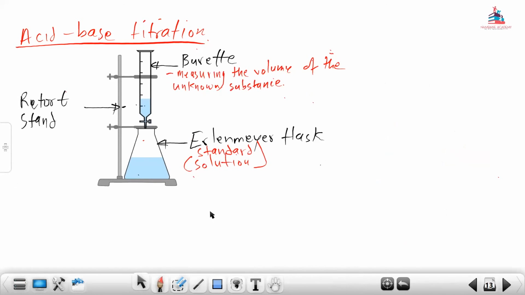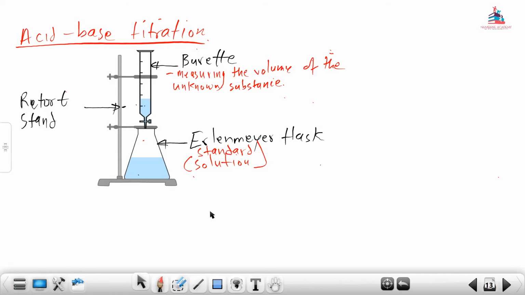Nice. Beautiful. Now, we know what is titration. We know what is standard solution. We know why the burette is there to assist us and allow us to measure the volume of the unknown solution. But if I don't have any way of having a situation where I can say I have added enough of the unknown solution, then it means this reaction will take forever and ever.